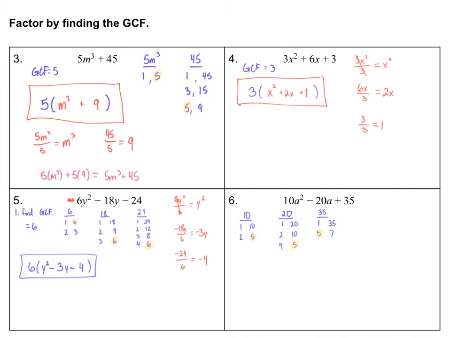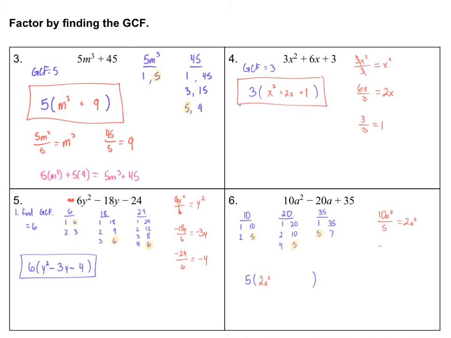So I will take a 5 out, and then I need to fill my parentheses. So what do I fill them with? Well, I started with 10a squared, and I factored out a 5, which is like dividing by 5. So 10 divided by 5 is 2, and I still have the a squared.